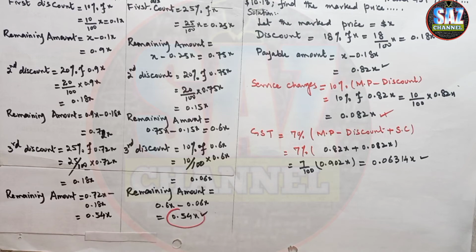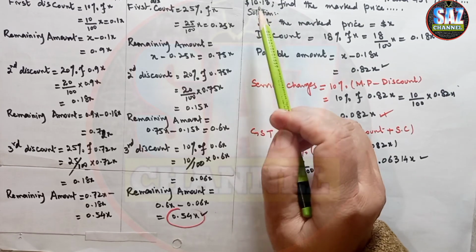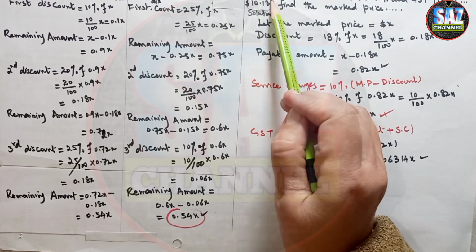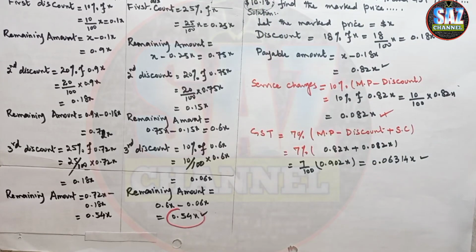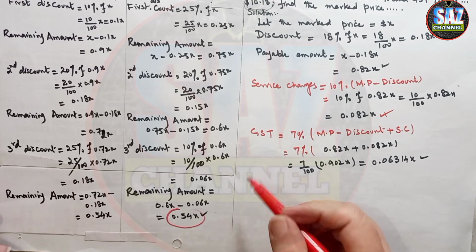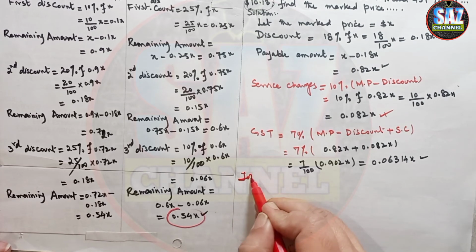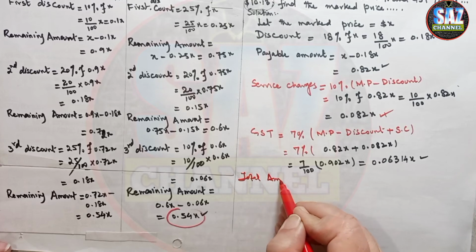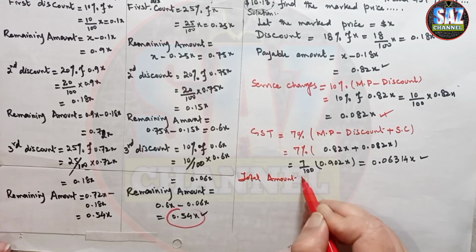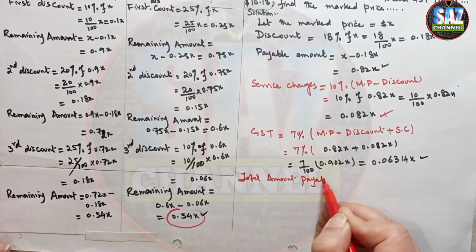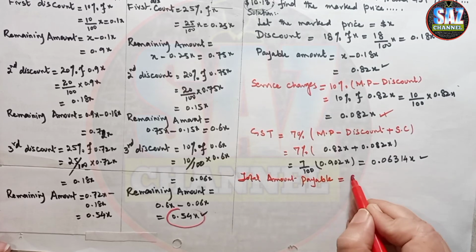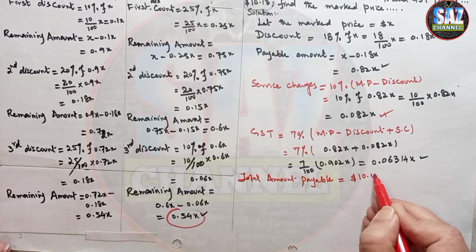Now if we go back to the question and read it, we can see that it's given that she has to pay a total of 10.13. Okay, now total amount payable is given. Total amount payable equals $10.13.